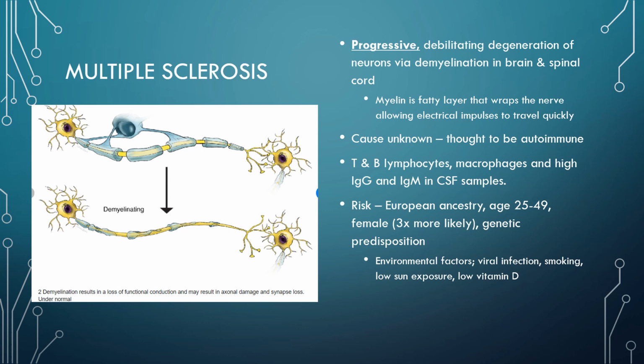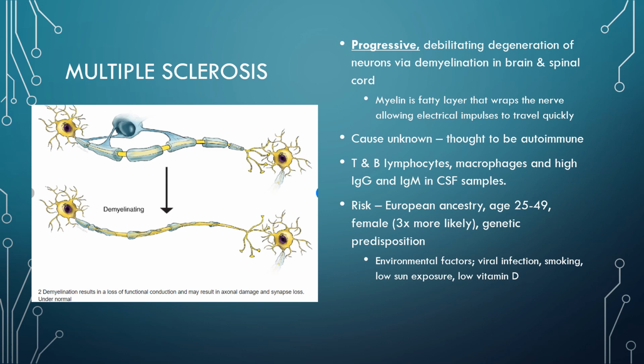While the specific cause is unknown, most of the evidence is pointing to this being autoimmune in nature. And we have evidence of that because in CSF samples, they're seeing autoimmune inflammatory markers, T and B lymphocytes, macrophages, and IgG, IgM, eating away at the nerve myelin sheath.